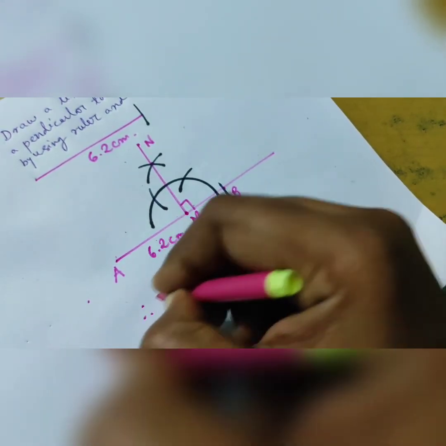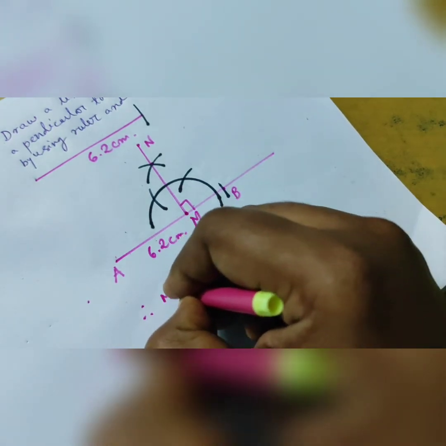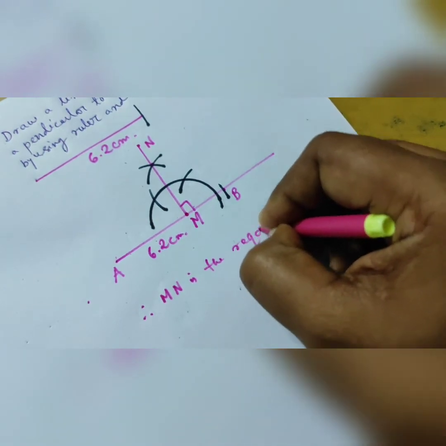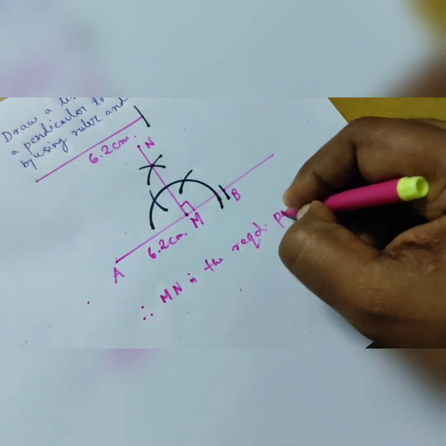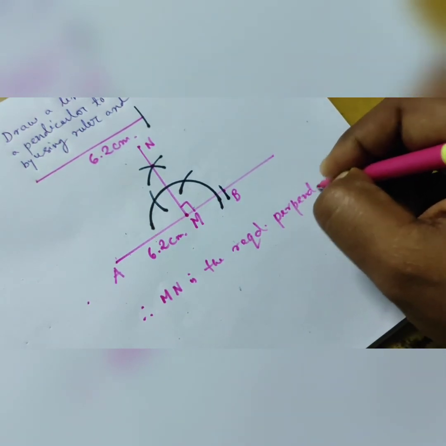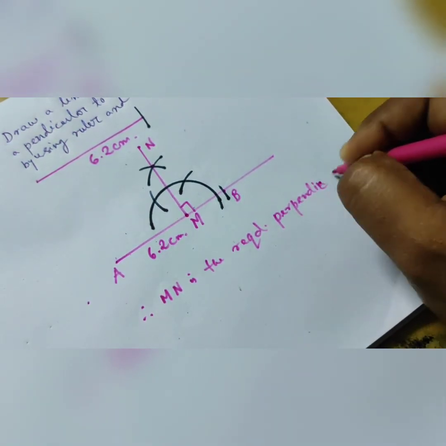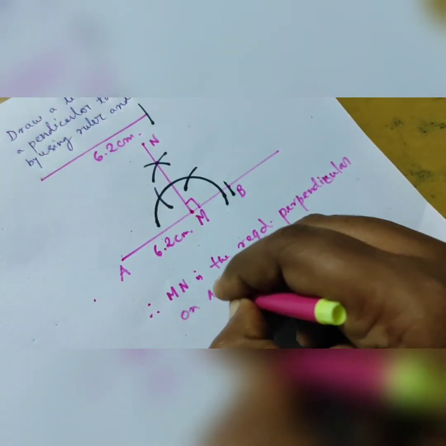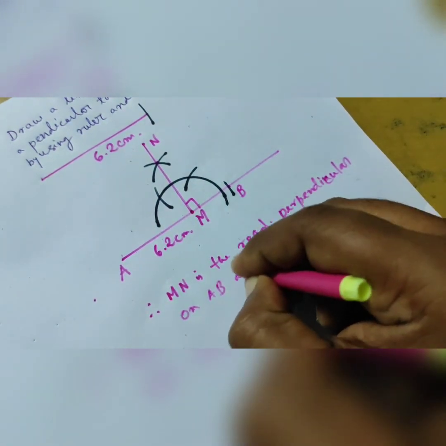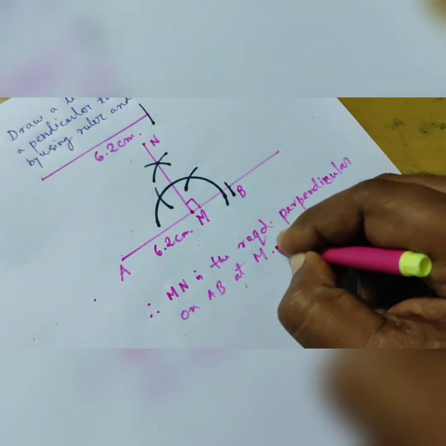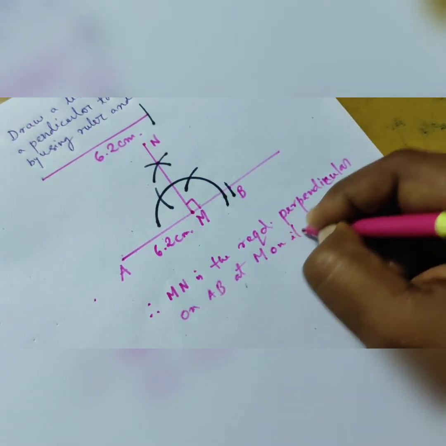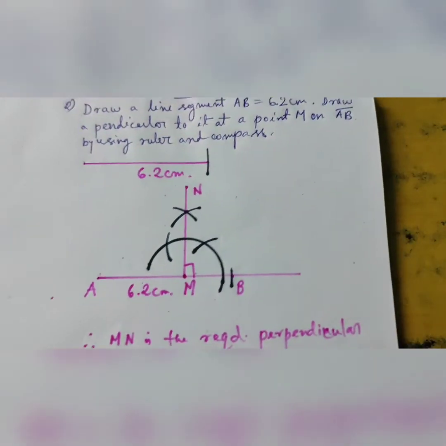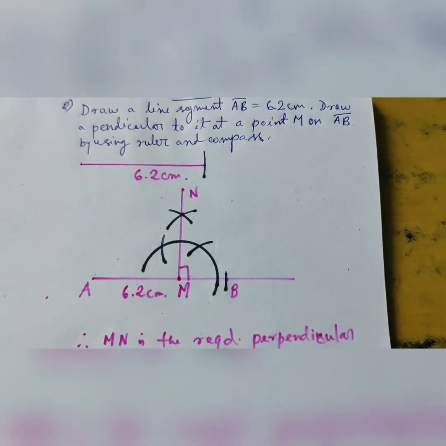So here we have done, therefore, MN is the required perpendicular on AB at M. Okay. So now our construction is absolutely complete.